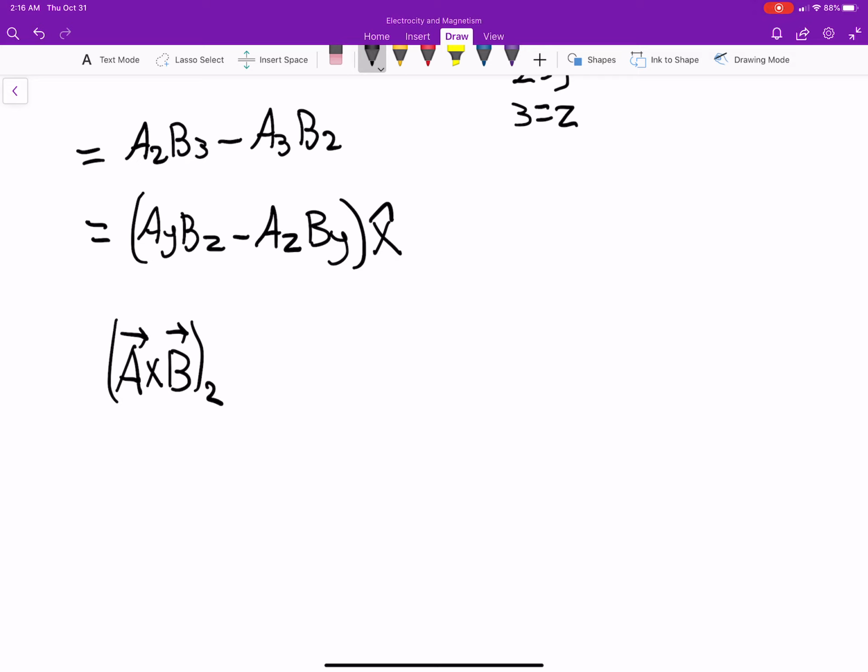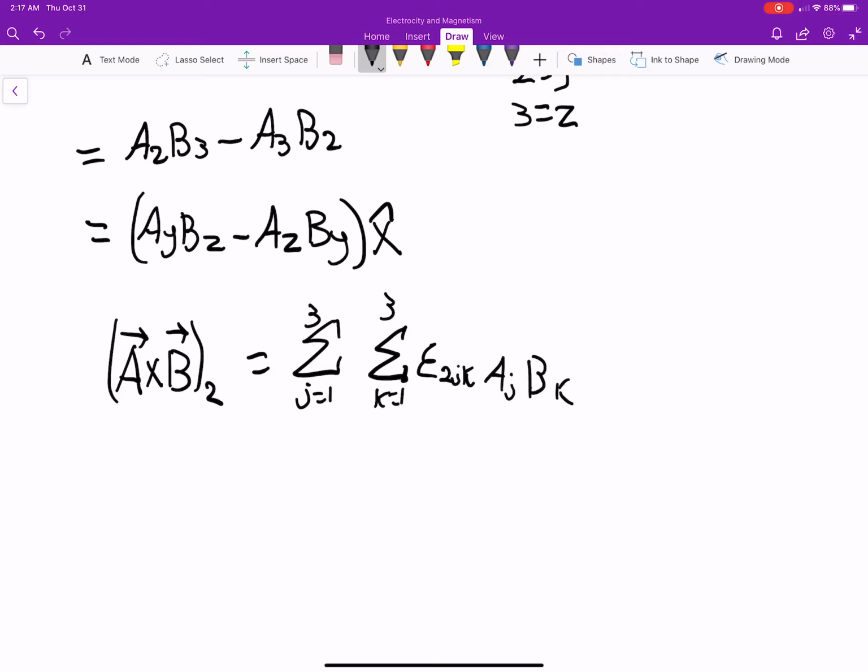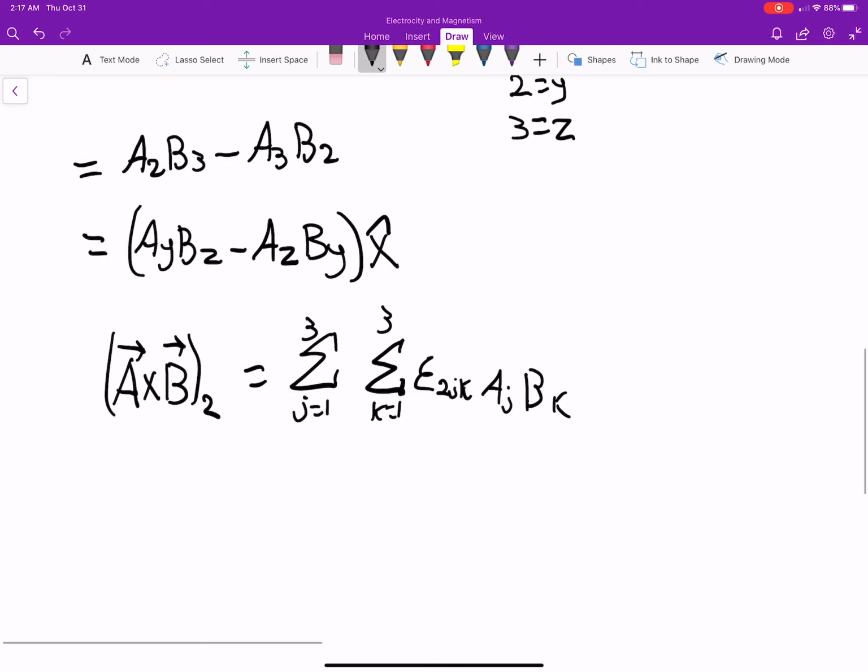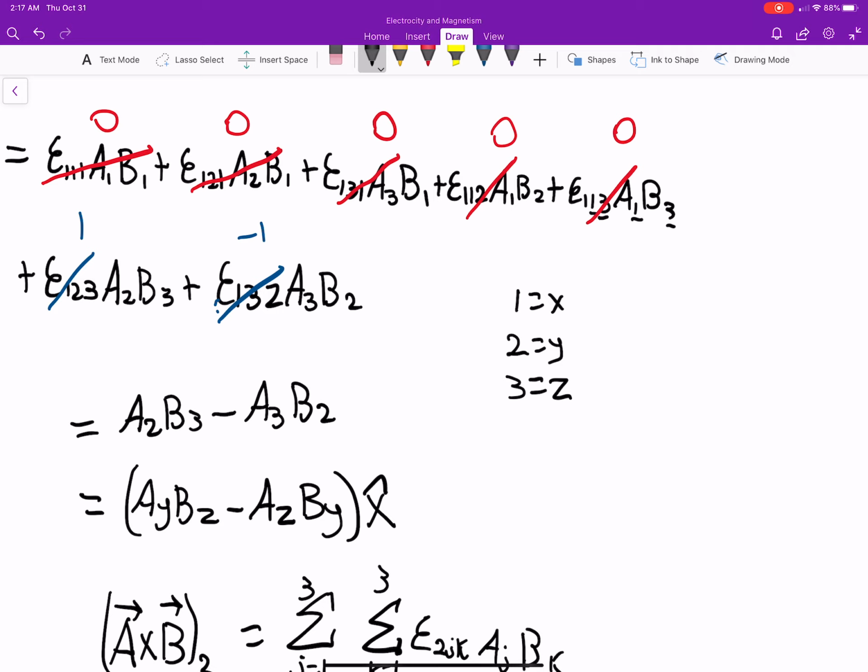Okay, well, again, this is the sum. I'll write the sum one last time of epsilon 2jk a_j b_k. Okay. Now let's think about this. We said basically anytime we see these terms repeat, 1, 1, 1, that repeats 3 times. 1, 2, 1, 1 repeats 2 times.